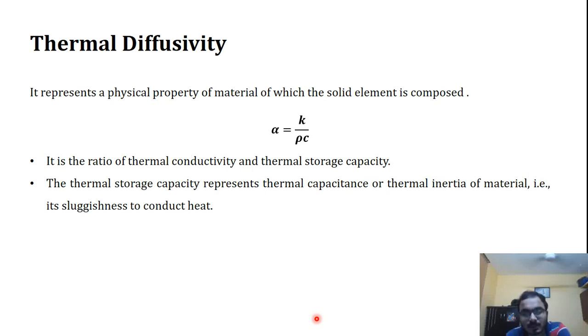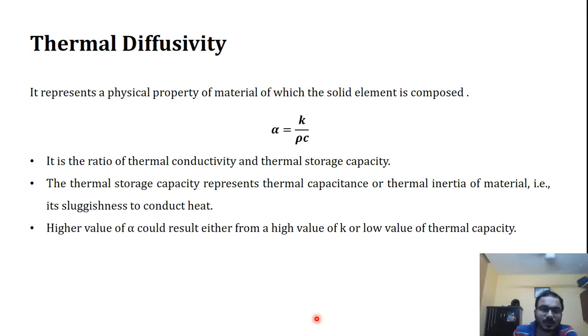So the higher the thermal storage capacity, higher the heat it can contain within it. So here if you see, K and rho C both are of opposite nature. So the behavior of K is to let the heat flow very easily or smoothly through it, and rho C is the storage capacity which doesn't surrender the heat very easily to the surroundings.